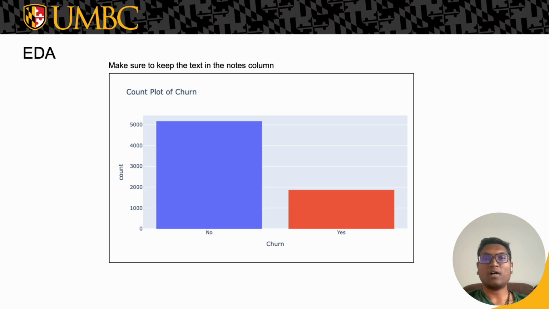The large blue bar shows that 5,174 customers did not churn, while the smaller red bar shows that 1,869 customers did churn. This imbalance is our main technical challenge, and it's why we must use a technique like SMOTE, synthetic minority oversampling technique, to get a reliable result.